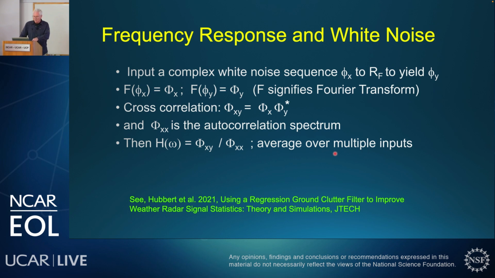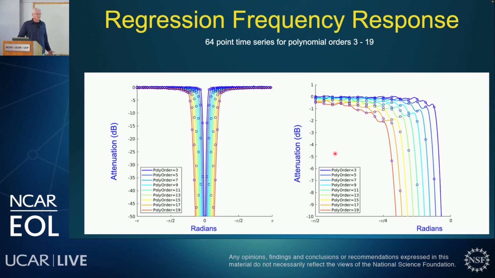I don't really have time to go into it, but there are a couple of ways to get the frequency response, and frequency responses are nice because they give us a handle to understand what our filter is doing to the signal. Here is the frequency response for 64 points, minus pi to plus pi radians, across the Nyquist interval, versus the attenuation as a function of the polynomial orders, odd numbers 3 through 19.